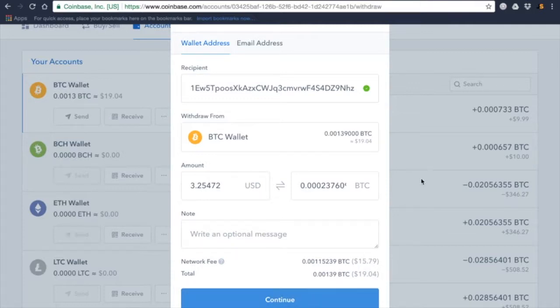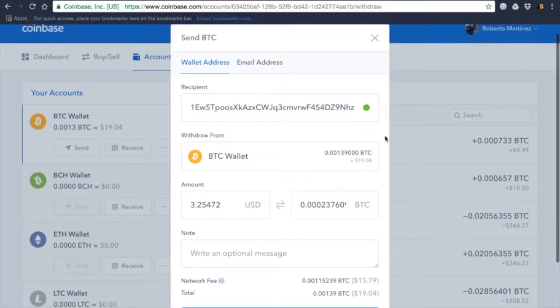But because it's just such a small amount, $19, and they're charging a $15 network fee, I'm going to have less than $4 to send over. So I'm just not going to do that because it's not worth it. I'm going to be losing money. If you want to get around this, you're going to want to go to GDAX and transfer your funds from Coinbase onto GDAX.